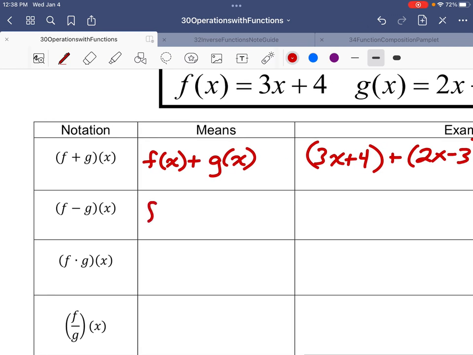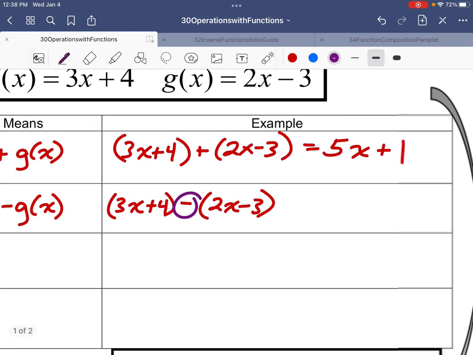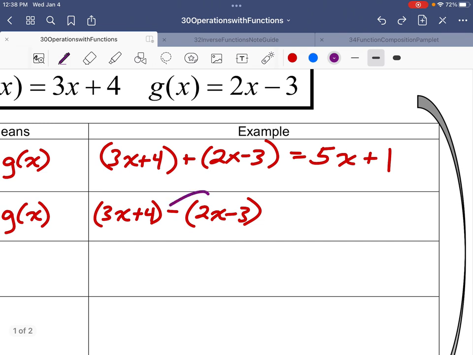But when you get to subtraction, that is f of x minus g of x, then the parentheses matter, especially the parentheses of the second function, because I'm now subtracting everything in that second parenthesis.